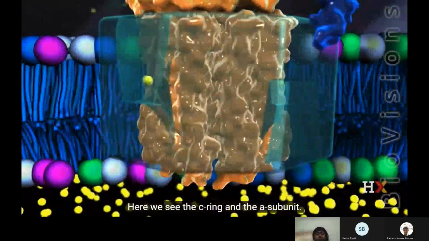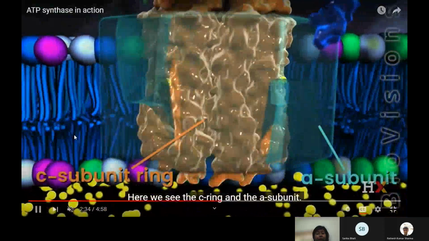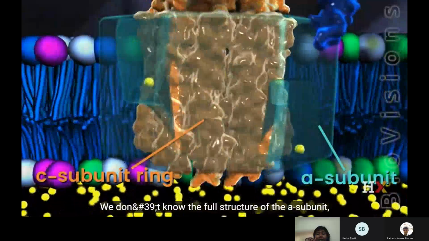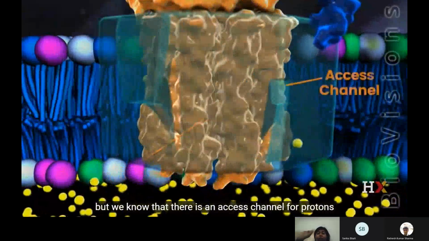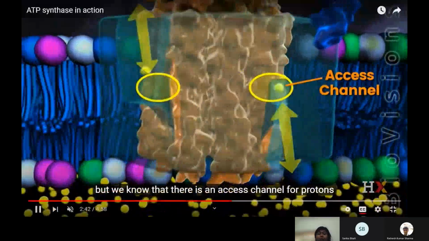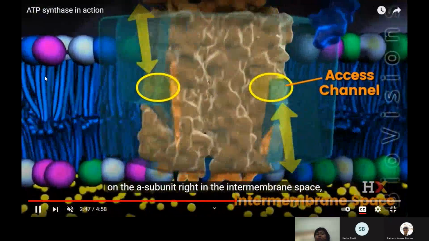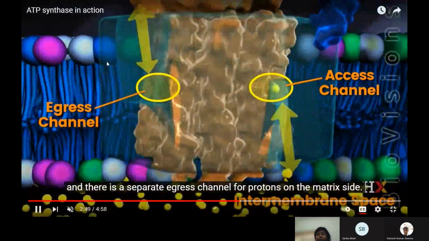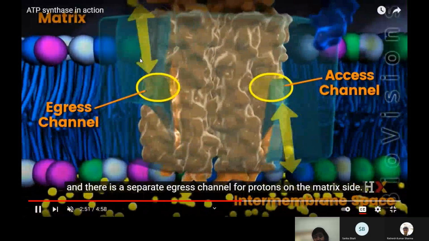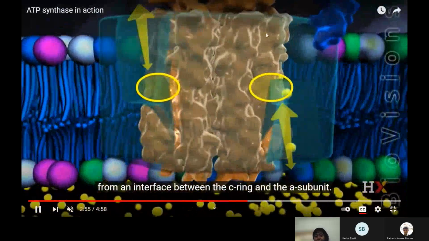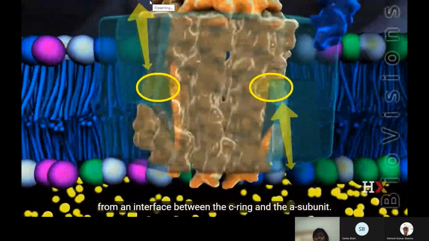Now all of these conformational changes are occurring because you have a C ring that is allowing diffusion of protons along the concentration gradient, and the channel that is formed is also associated with the alpha A subunit, and you have the C ring, so you can see the protons that are moving through the channel.